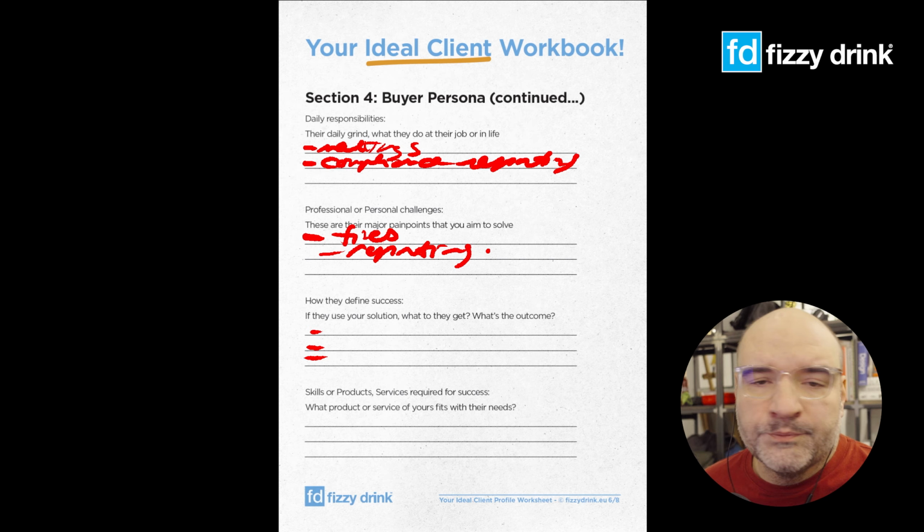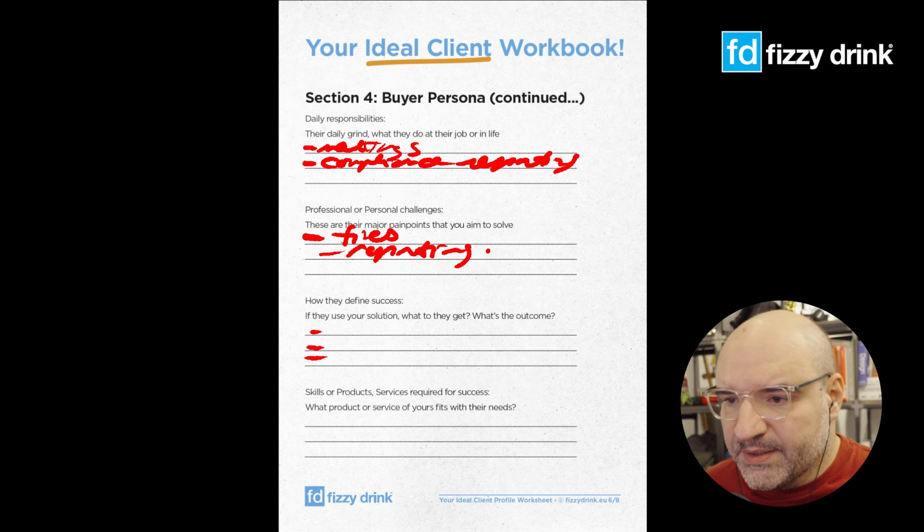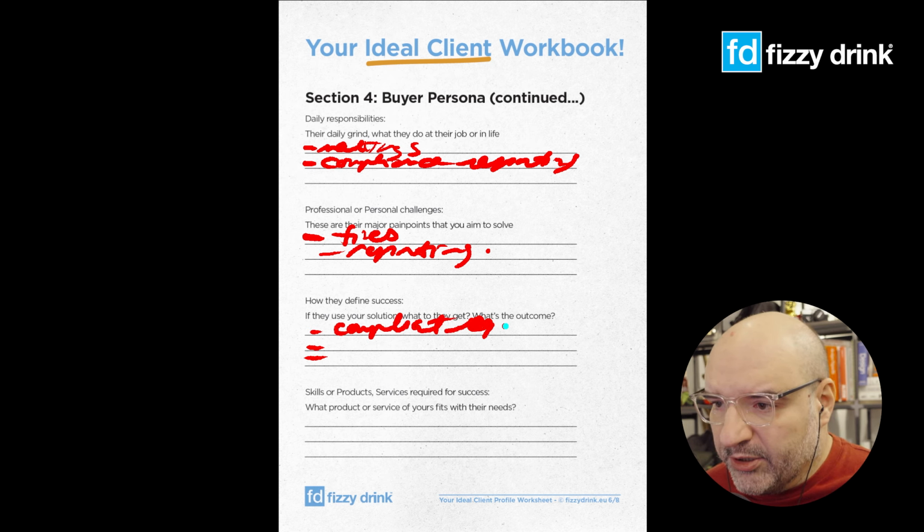Let's say that the previous law firm that he worked for wasn't always up to snuff. In other words, maybe they weren't as quick on legislation, maybe they missed a few loose ends, or maybe they didn't report on time, and then as a result the company had some fines to pay. So then how would Bob define his success? Well, obviously he's going to be compliant with regulation.